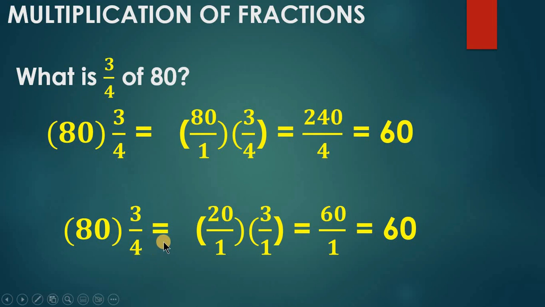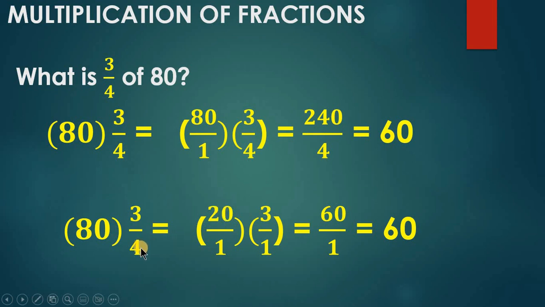So pwede rin nating i-shortcut. Okay. Yan yung nangyari. So ito kasi kinancel na natin yung ating greatest common factor nitong 80 and 4. So the greatest common factor is 4. Now 80 divided by 4, we have 20.